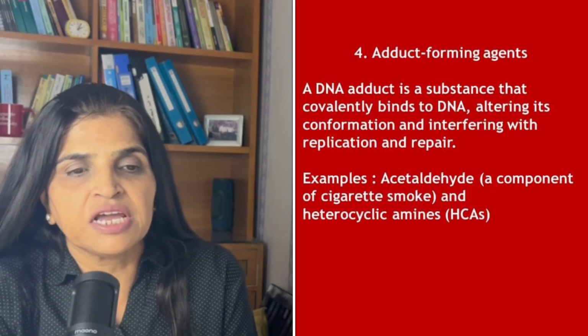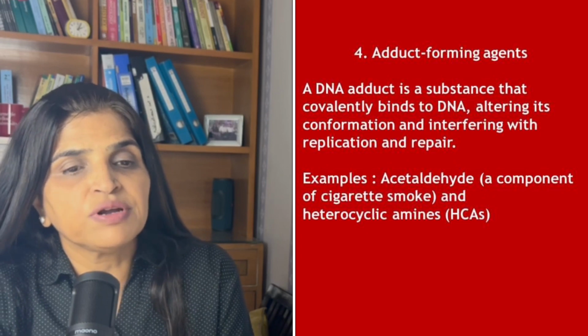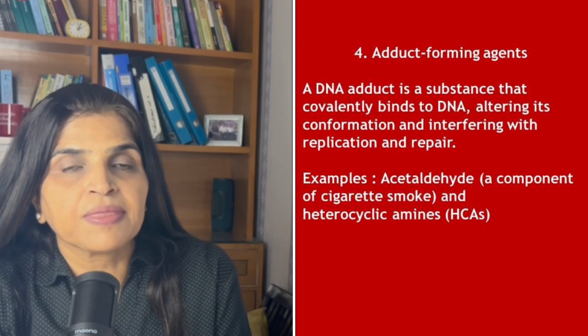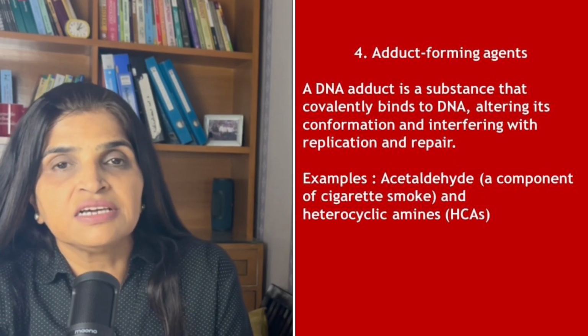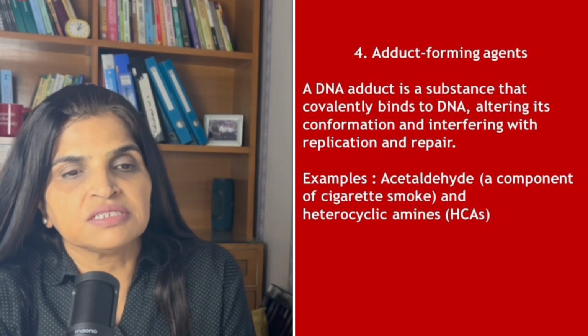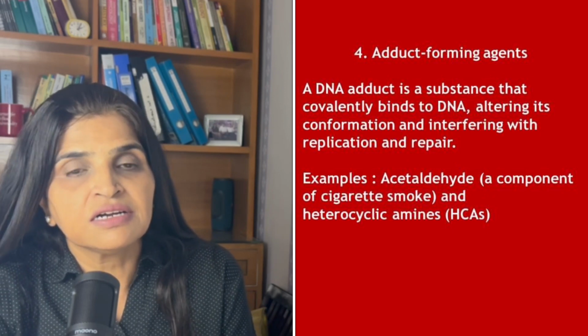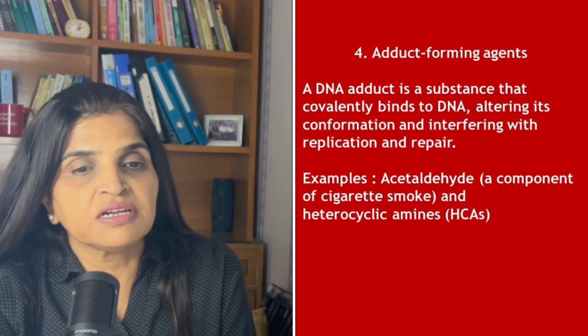It will covalently bind to DNA wherever it wants to, and then it will interfere with everything. An example of this is acetaldehyde, and another one is HCAs, that is heterocyclic amines.